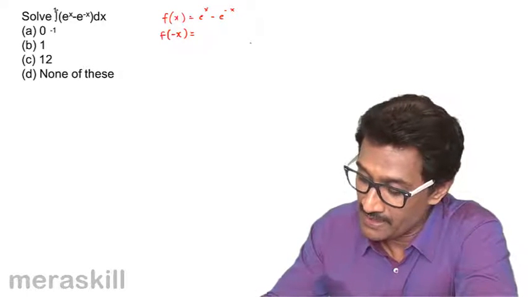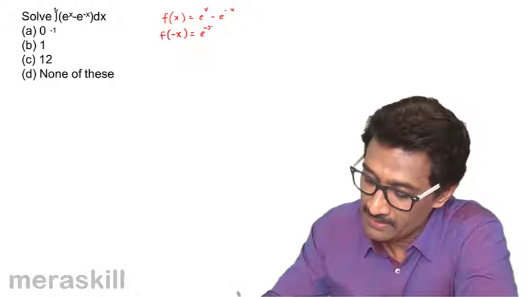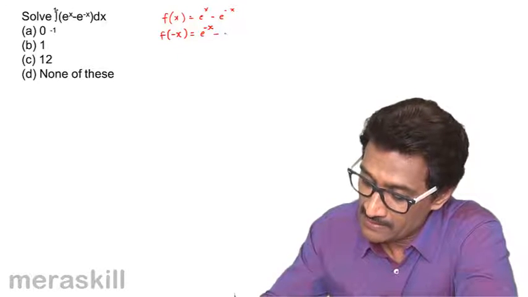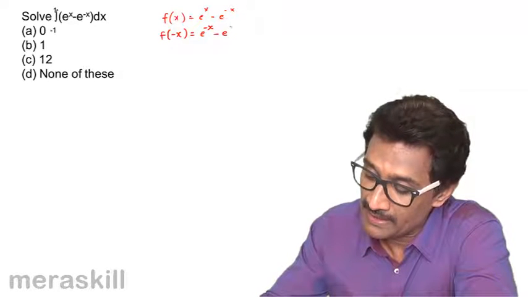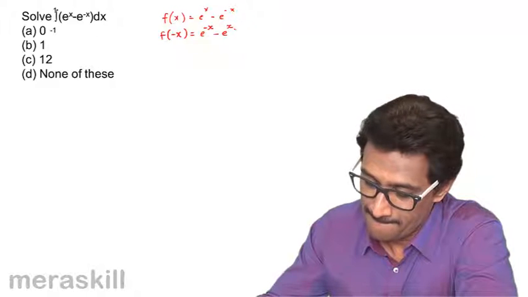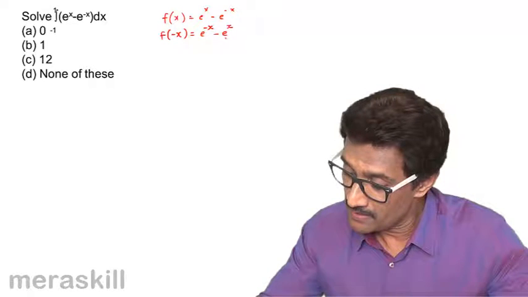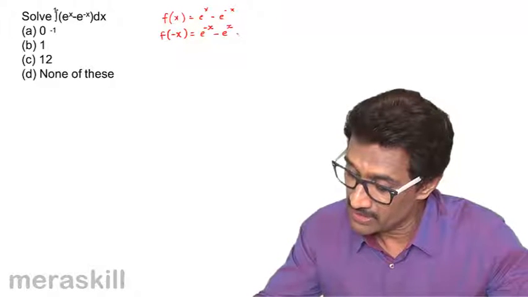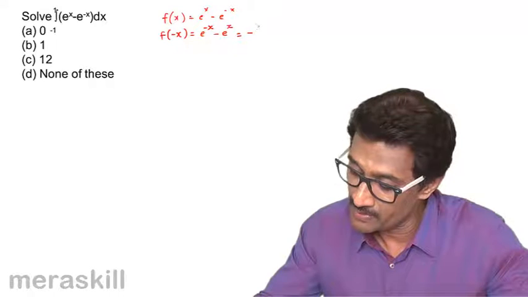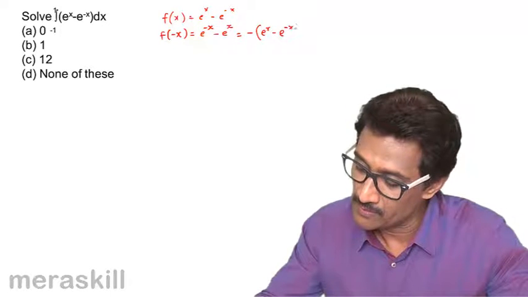F of minus x is going to be e raised to minus x minus e raised to minus of minus x, that is x. Taking minus common, it will become e raised to x minus e raised to minus x.